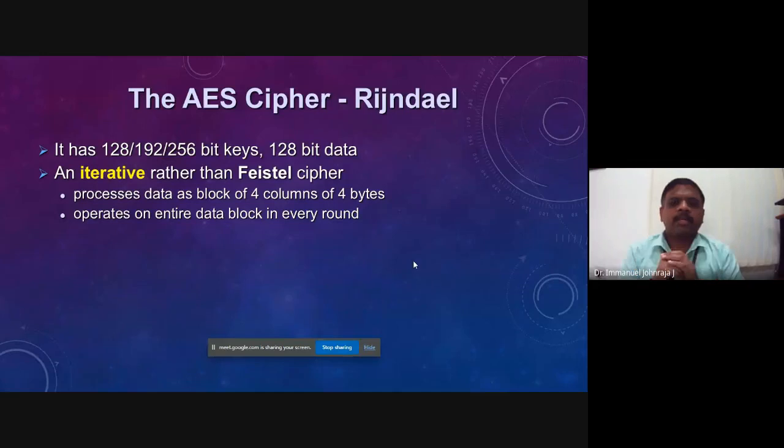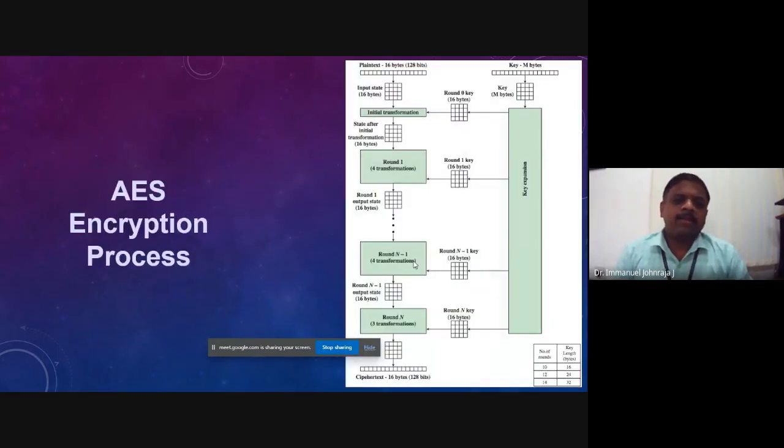Equal halves were created, and then each was processed separately, and then they were XORed, swapped, and so on, if you remember. But here, it operates on the whole of the data block in every round. So it is not divided, and it also does not follow the Feistel structure, as we are going to see how it works. But apparently, it looks like a Feistel structure, but not necessarily the Feistel, right?